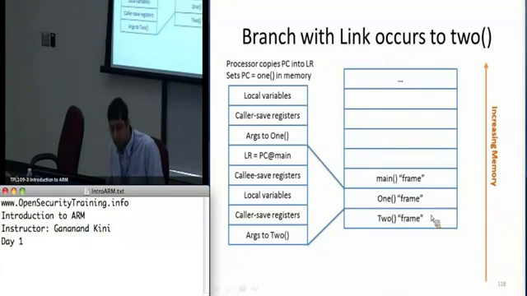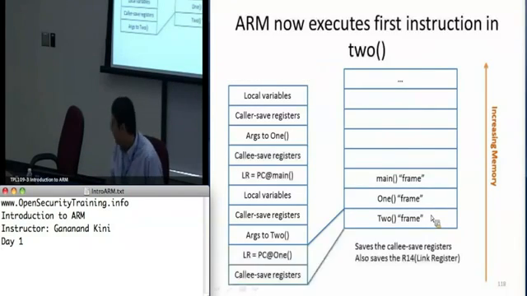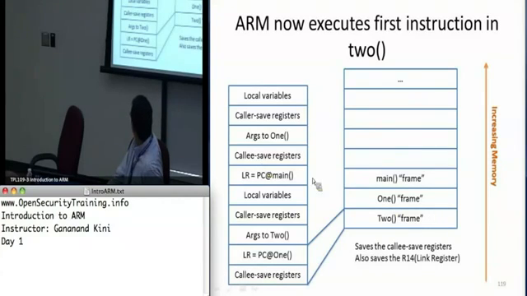These arguments to 2 are still on the stack, and now the frame gets updated. You can think of these arrows as defining the boundaries of the frame. Now the link register will contain the PC of 1, but on the stack you still have the link register for method 1, which points to main, right?